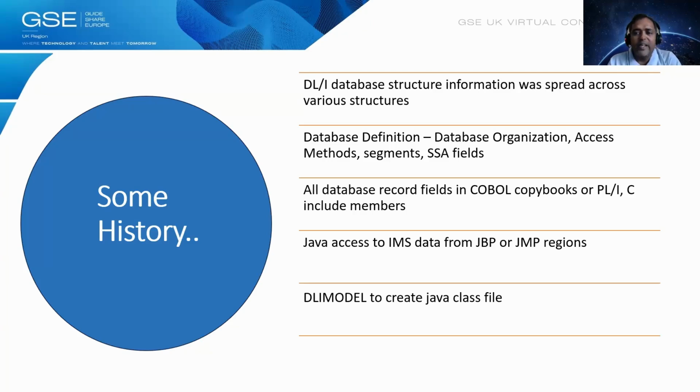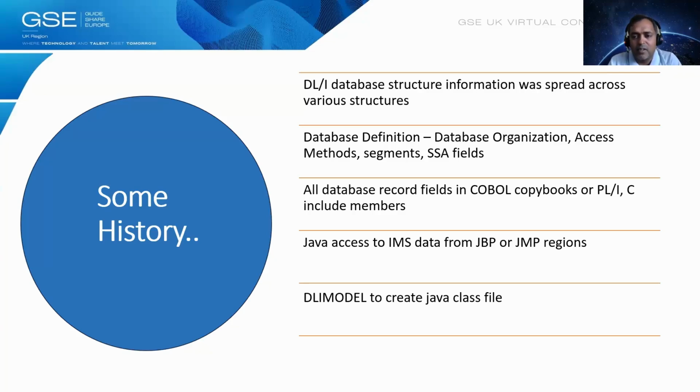A DBD defines the characteristics of a database, and information such as access methods, segments, fields, etc. are part of it. Most of the time, information for the segment was limited to only a few fields, and these fields are generally part of the SSA. Those fields are used to define the logical relationships and secondary indexes.